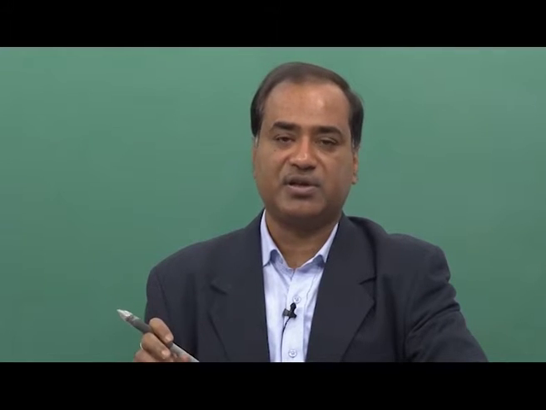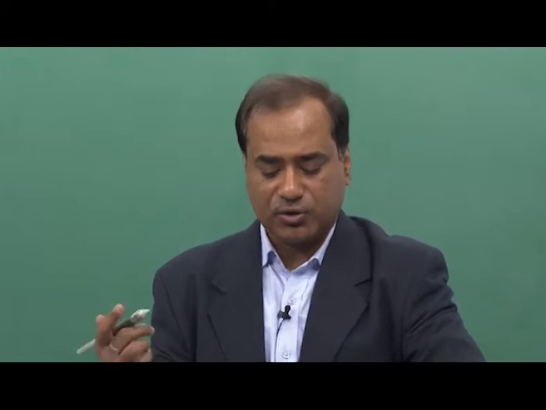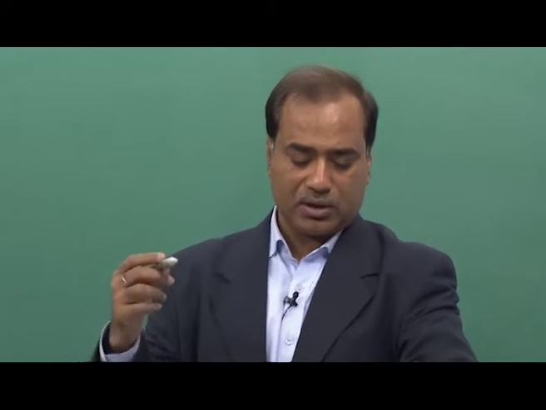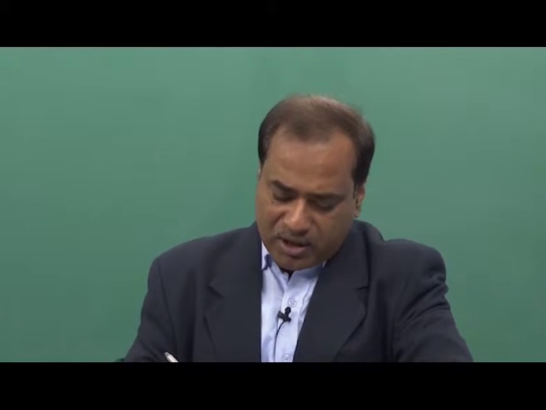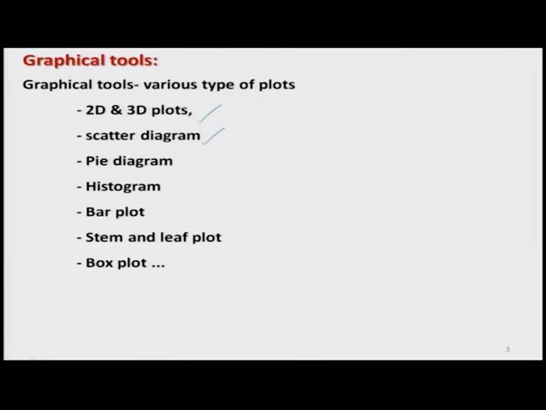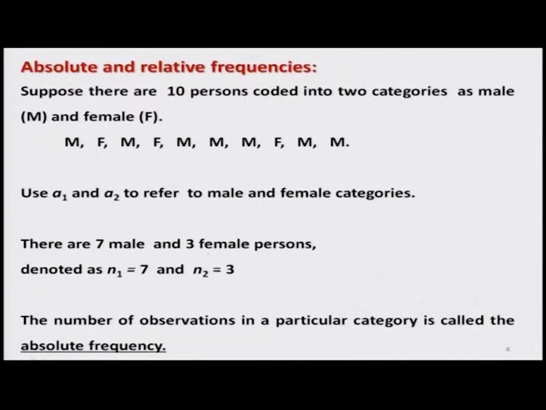And in order to reach the final conclusion, we try to combine the information gathered from the analytical tool as well as the graphical tool to reach a fruitful and good conclusion. So, besides the analytical functions, there are various types of graphics which can be plotted. For example, 2-dimensional plot, 3-dimensional plot, scatter diagram, pie diagram, histogram, bar plot, stem and leaf plot, box plot, and so on, and there is a long list. So, we are going to understand how to create all these graphics in this course also.